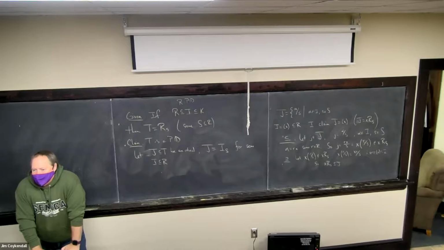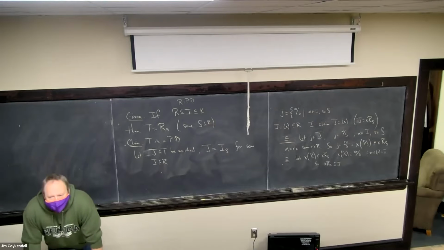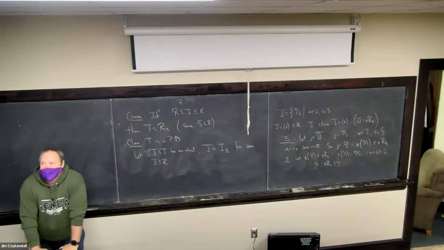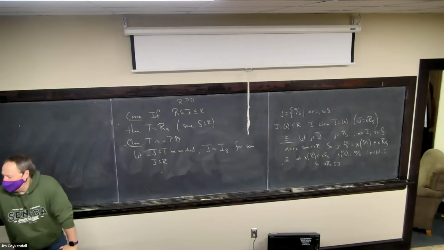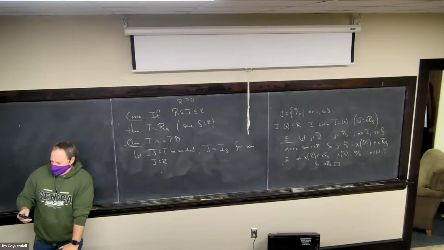I think I said if R has no non-zero divisors and 0 is not in S, then R localized at S is an integral domain. Oh, I see what I did there. I concluded that 0 wasn't in something, but I didn't know that. I don't know what happened there.